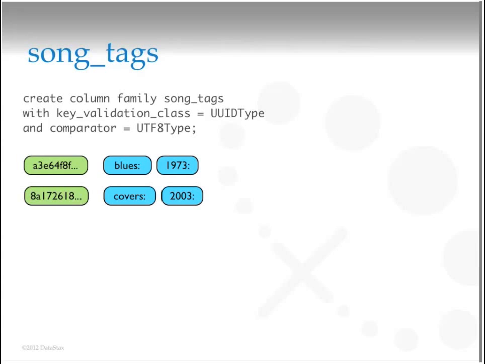So my cell name and my column name at a user level are not going to correspond one-to-one anymore. Here's an example of some data, where for the first song I've added tags blues and 1973, and for the next one I've added a tag covers and a tag for 2003. So I've got 4 tags across 2 songs represented here.